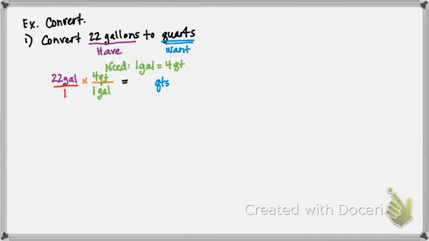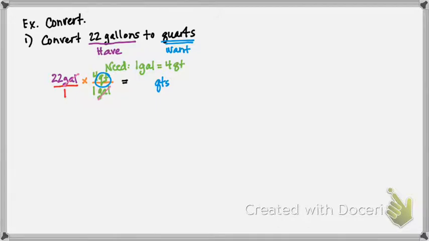Now what's interesting is what's the same on my top and my bottom, my numerator, my denominator, is the gallons. So the gallons cancel out. There you go. So the only label that's left is quarts, which is what I want. Now I just have to do the math.